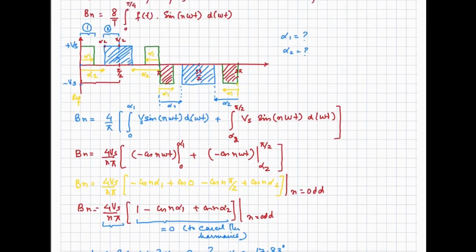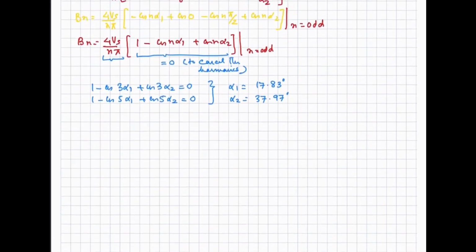So if I go back and look at this waveform, if we select this angle alpha 1 equal to 17.83 and we select this angle alpha 2 such that it is 37.97 degrees, then the third and fifth harmonics will be absent from the spectrum of this waveform, right? So if I sketch the spectrum, it will look like this.